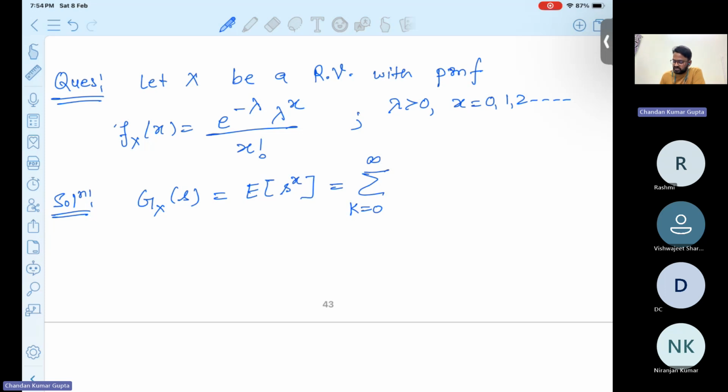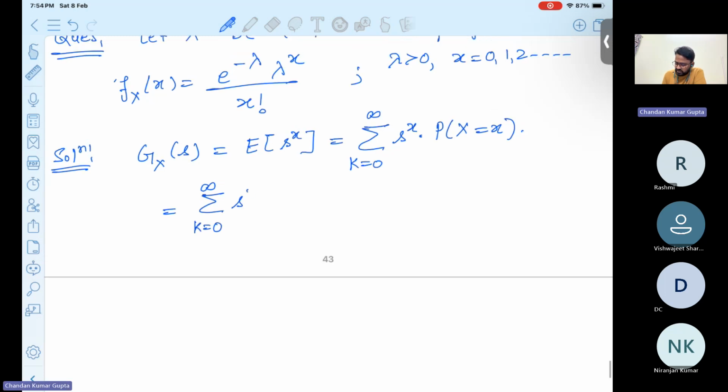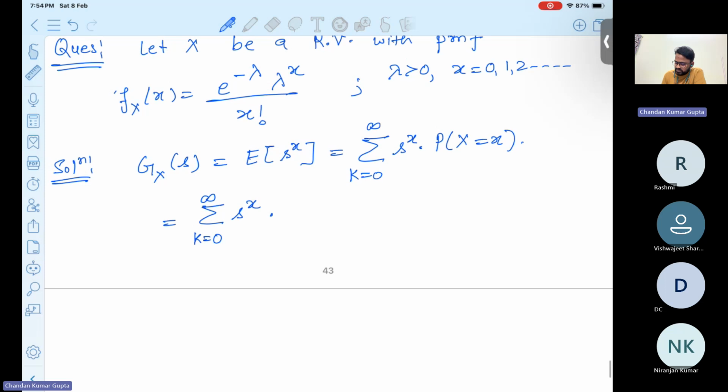So the expectation of s to the power x is the sum of s to the power x times the probability that X equals x. So writing the sum from x equal to 0 to infinity, s to the power x, then the PMF is e to the power minus lambda, lambda to the power x upon x factorial.